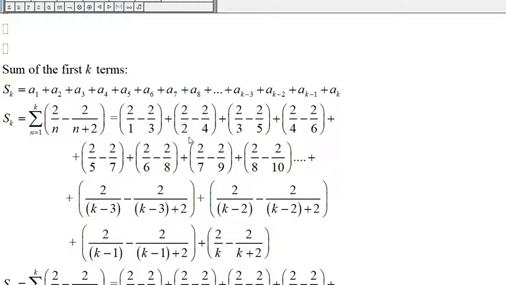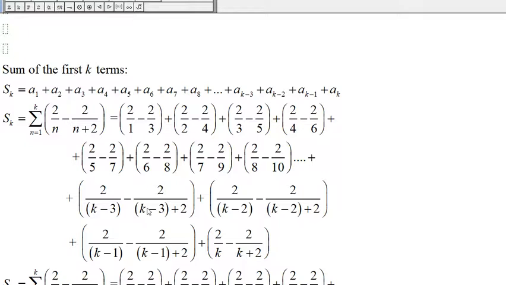This is a sub 2, that's when n is 2. We get 2 over 2 minus 2 over 4. This is term number 3, term number 4, term number 5, number 6, number 7, number 8. And then when we get to the k minus 3 term, in the place of n we put k minus 3.